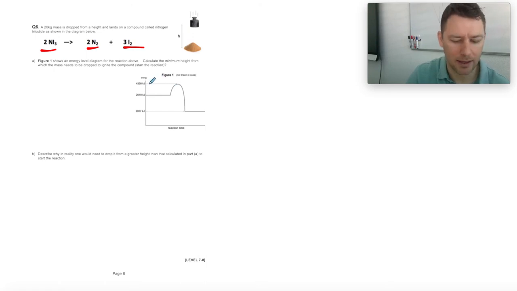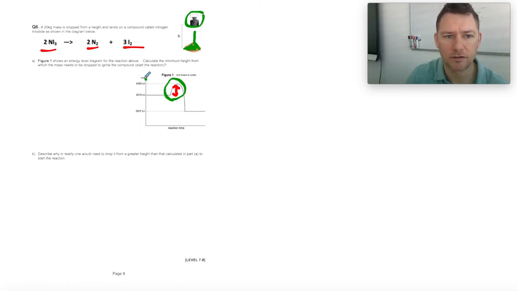You subtracted them, and you were looking at activation energy. So this is the amount of energy that the weight has to impart on the material to get it to release all of its energy. So we have to put this much energy in. So you subtract these two numbers, right? And when you do, you figure out how much energy the mass has to give off.